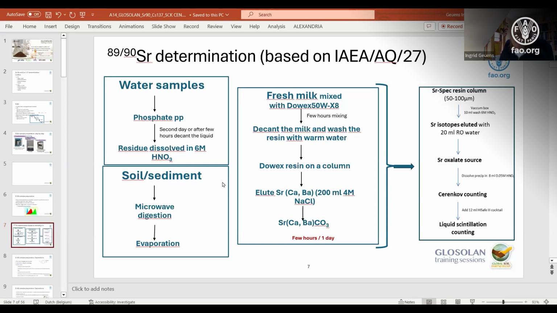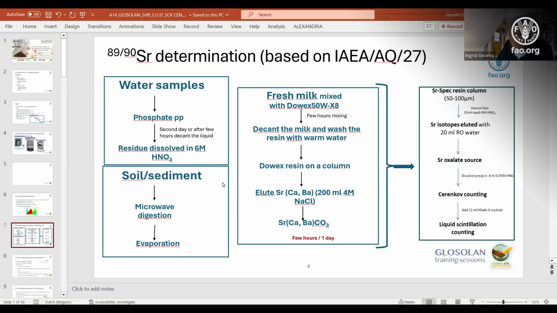So depending on the sample, you have different ways of bringing it into solution. Because we're talking here about soil and sediment, we go over microwave digestion using nitric acid, and then we evaporate all the solution away. After that, you have a specific strontium resin column that's used with a specific amount of acids.